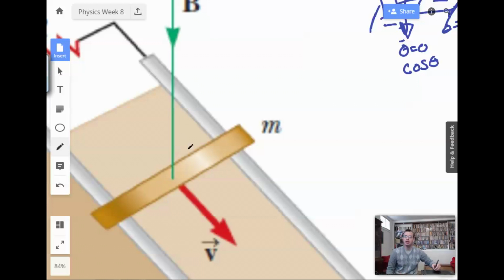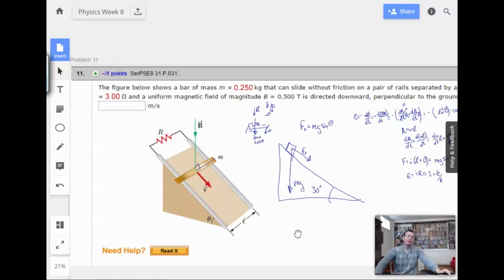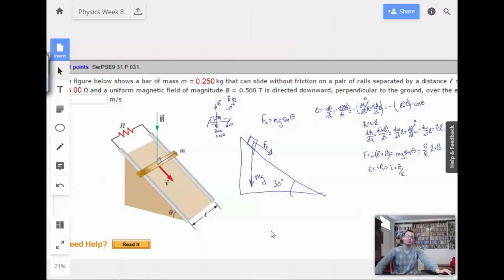It might not look like it from this picture, but that is 90 degrees. I'm pretty sure it's 90 degrees.